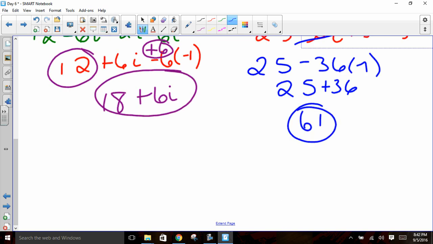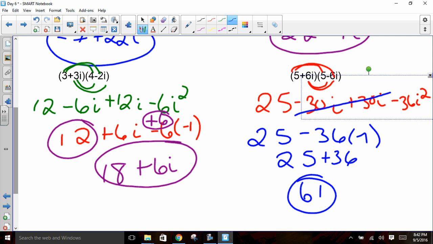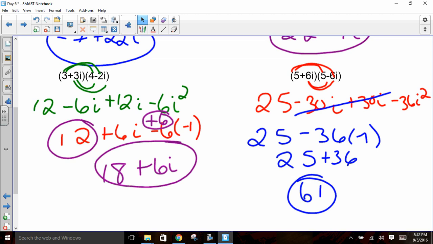So in this last example, I ended up having my imaginary parts cancel out. If you notice, the only difference between my first set of parentheses and my second set was that sign in the middle.